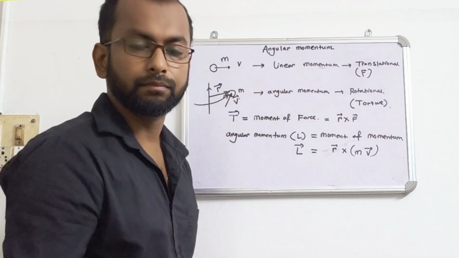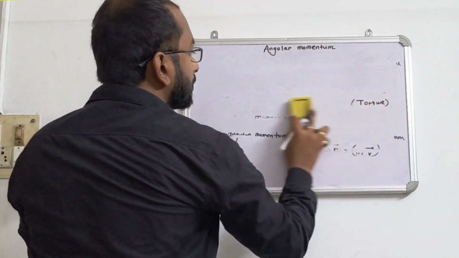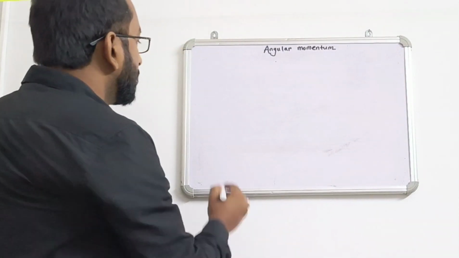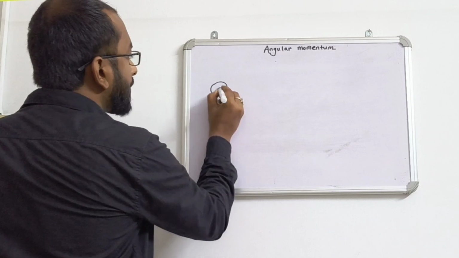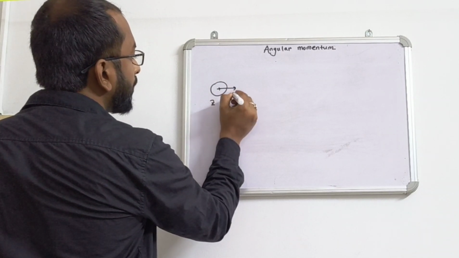Now let's see in detail. Suppose the z axis is outward, and the x and y axes are like this.